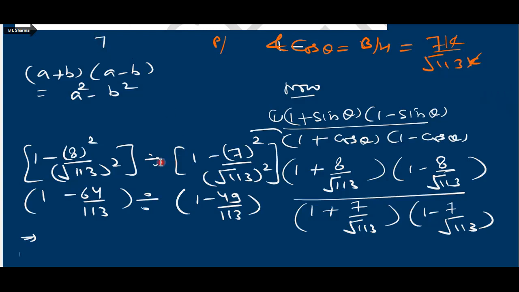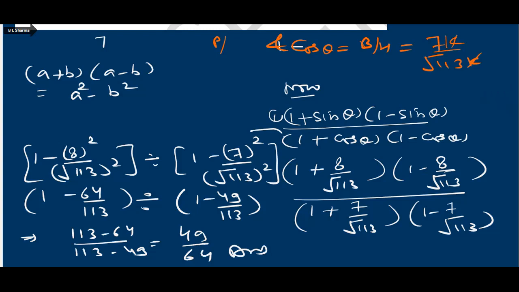Can I do it directly? क्या मैं इसको directly कर दूं? Then it will be 49 upon 113. Can I write it? So that is 113 minus 64, 113 minus 49. That will be 49 upon 64 answer.